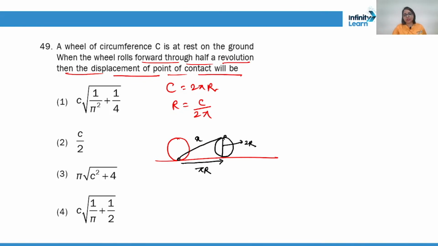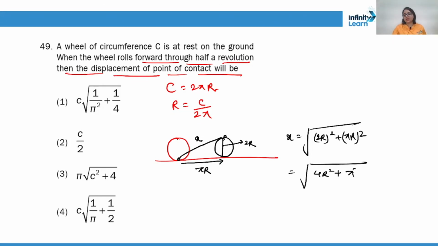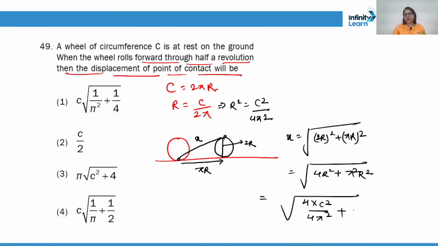So this displacement x will be under root of 2r square plus pi r whole square, which is equal to under root of 4 r square plus pi square r square, right? So you can write r square as c square upon 4 pi square. So it will be 4 into c square upon 4 pi square plus pi square into c square upon 4 pi square.